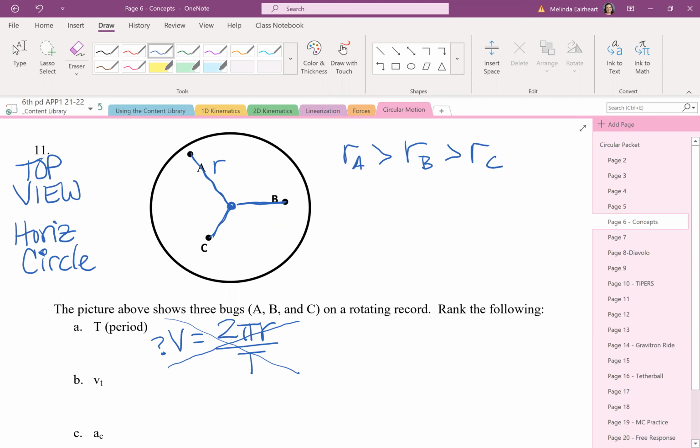And so again, if I time their periods, who's going to have a bigger period? The one with a small radius or the one with a big radius? Think about it. Make a prediction. Who's going to have a greater period? Small radius, big radius.